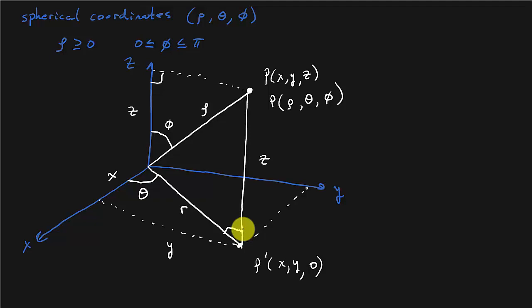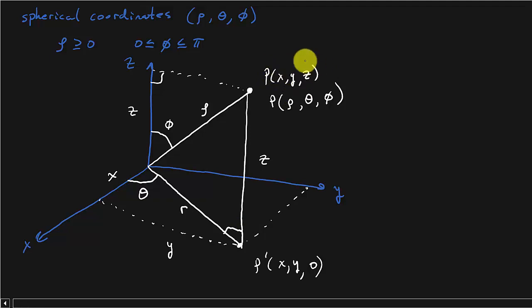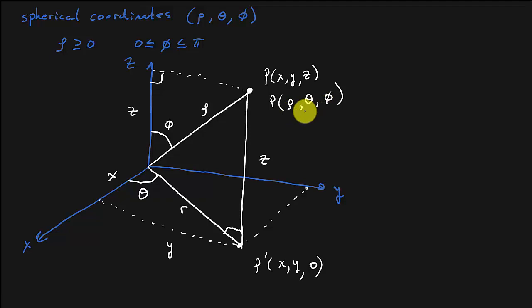So we have a point in rectangular coordinates x, y, z, and we need to get it in spherical coordinates, so we need to know how to convert it. We know how to convert from rectangular coordinates to cylindrical coordinates, but how do we convert to spherical coordinates? Let's look at this.